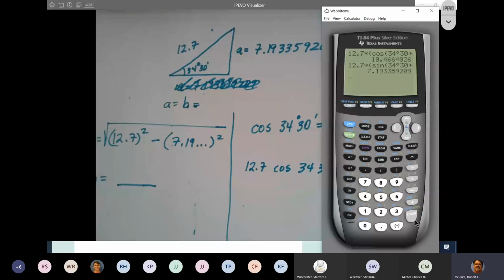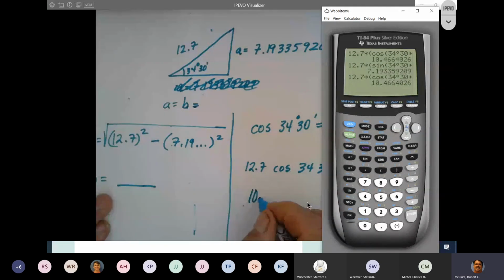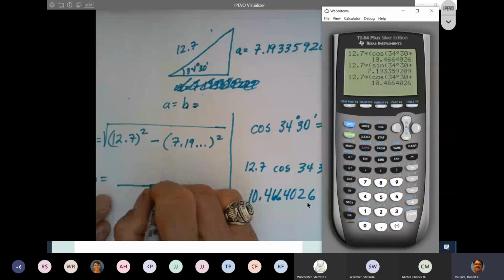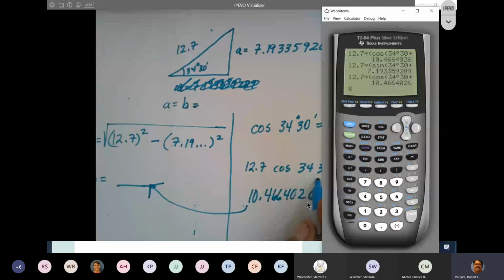So second, enter, and I'm going to put a cosine right here, and enter. And that would give me 10.4664026, and that would also be your answer there.